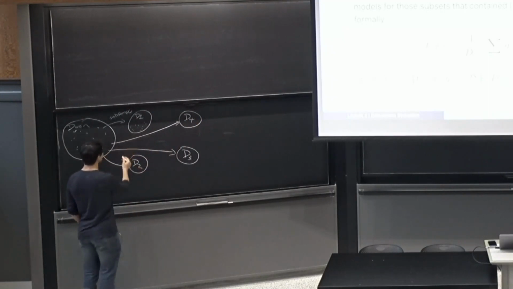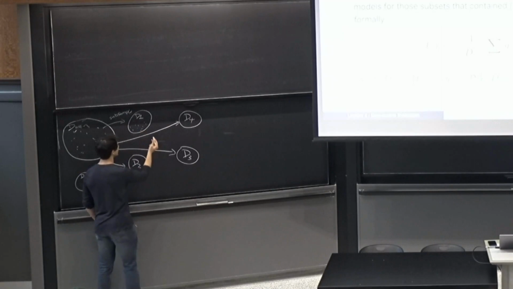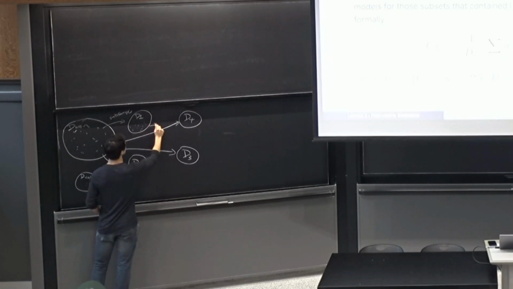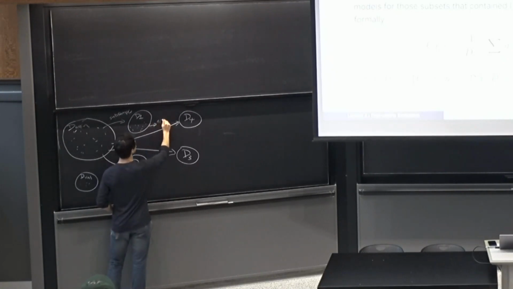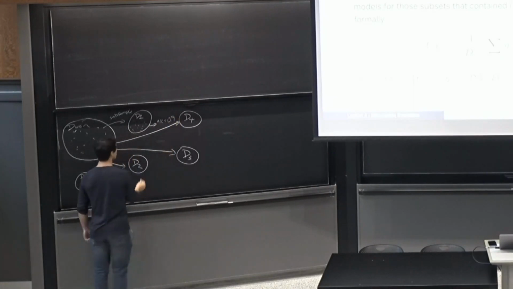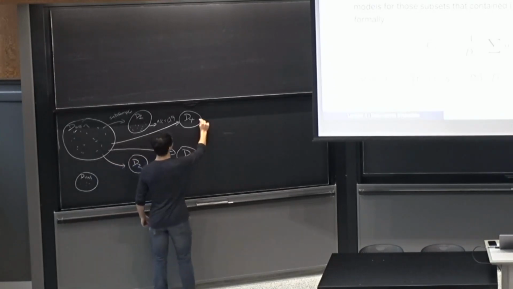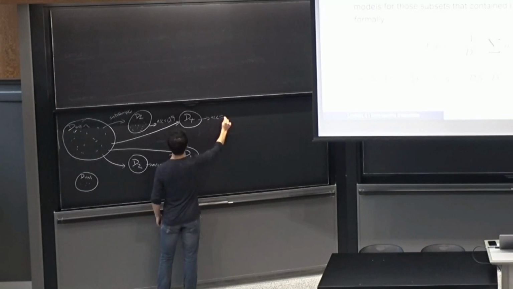And what we can do is we can train a model on each one and get some kind of accuracy on the validation data. So say training a model on this subset leads to accuracy 80%. A model on this subset leads to accuracy 85.